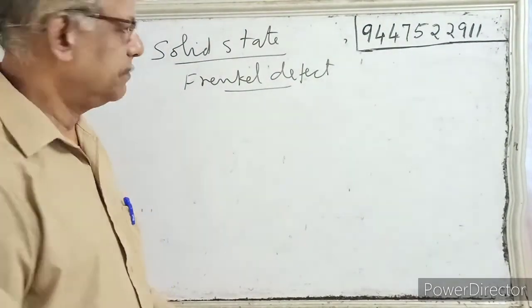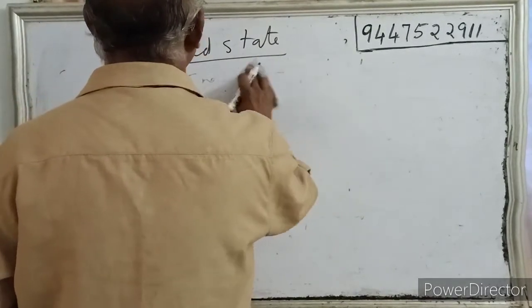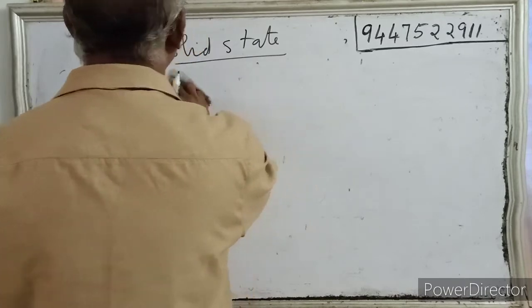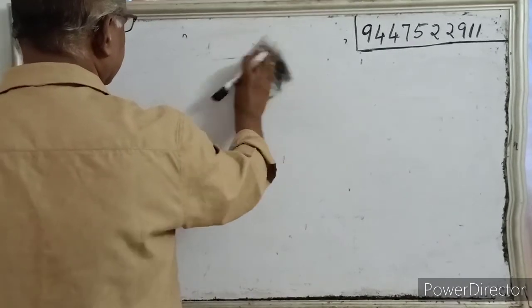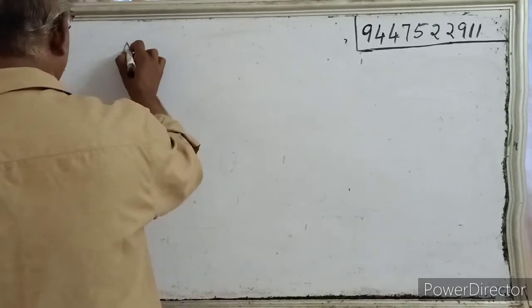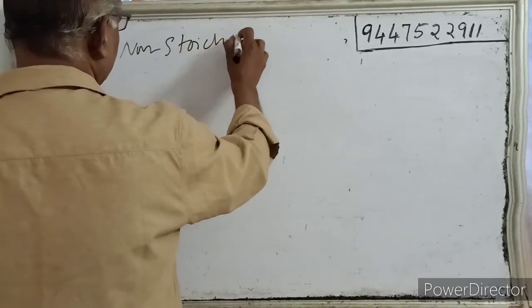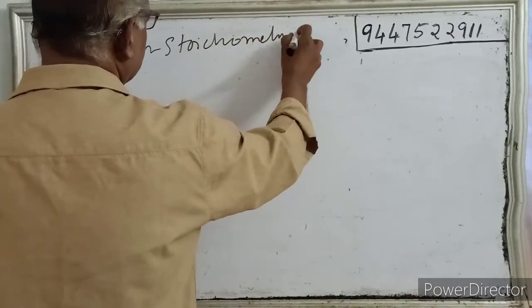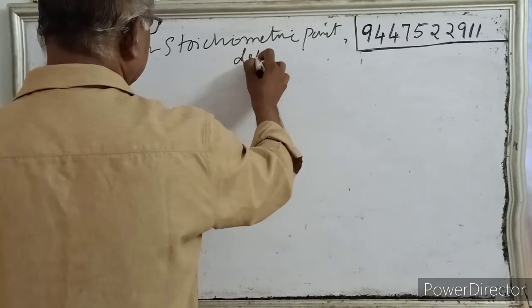AgBr, silver bromide. So next is non-stoichiometric point defects.